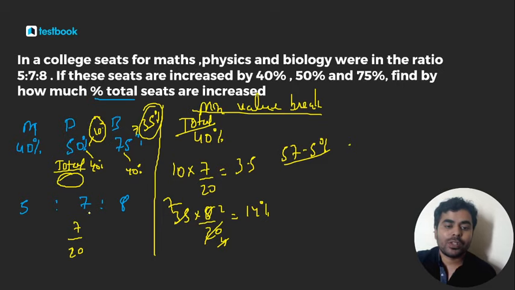So the strength of physics was 7/20, 7 out of total 20, and the strength of biology is 8/20. So these things are going to also impact total seats according to their strength. Then after that, since all these values are positive, we added these values, which resulted in 57.5%.